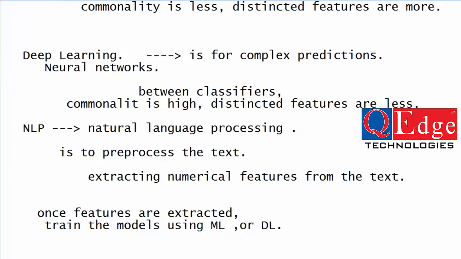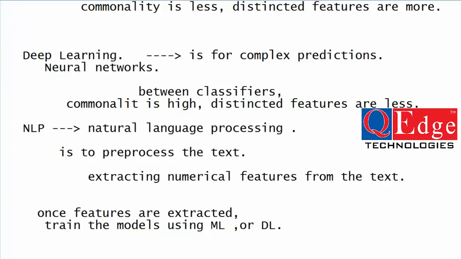Again, when to use ML and when to use DL, I already told you. Suppose especially our text is chat data. Within the chat, generally we use informal languages. That is what complex predictions are. If it is an email, like company emails, mostly we use formal languages.